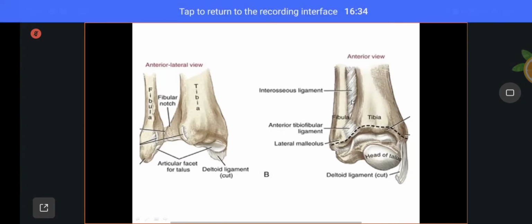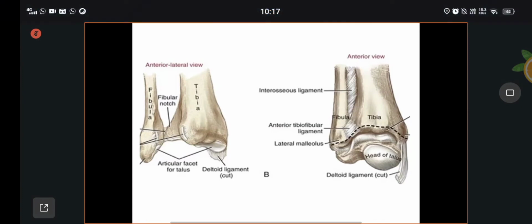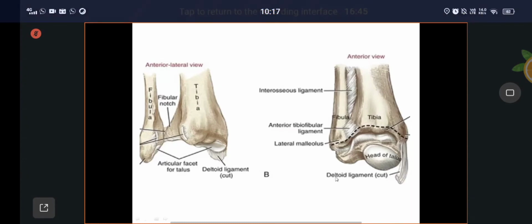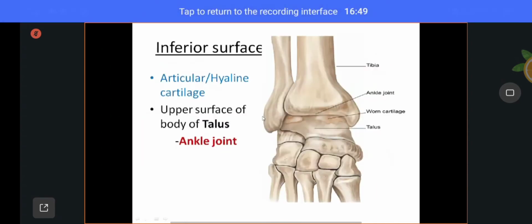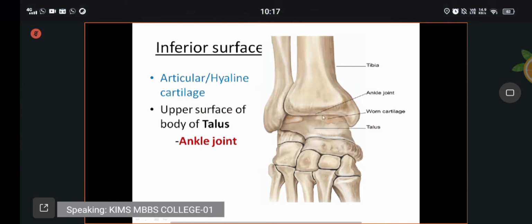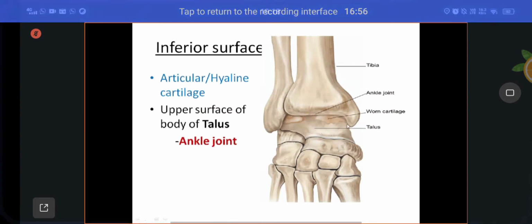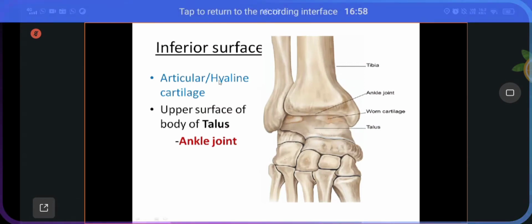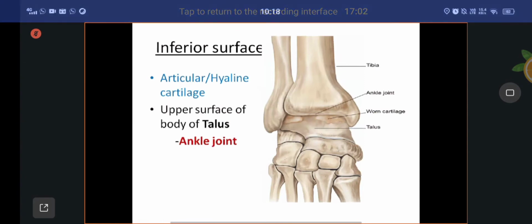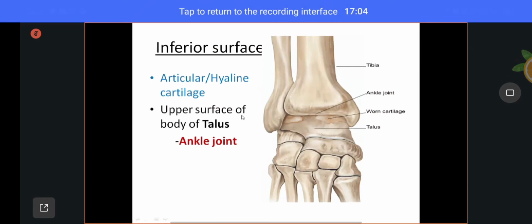This is the interosseous tibiofibular ligament. Hence, this inferior tibiofibular joint is called the syndesmosis type of fibrous joint. And once again, this is the deltoid ligament, the medial ligament of the ankle joint.